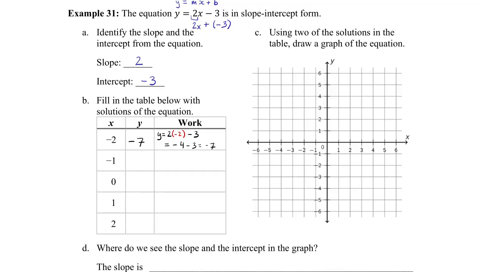If we plug in x is negative 1, we'll have the equation y is 2 times negative 1 minus 3. So 2 times negative 1 is negative 2. Negative 2 minus 3 is negative 5.